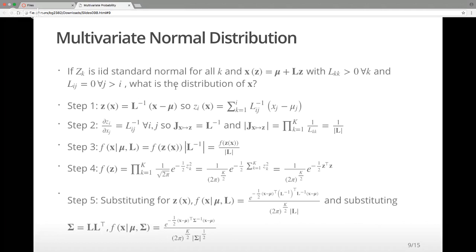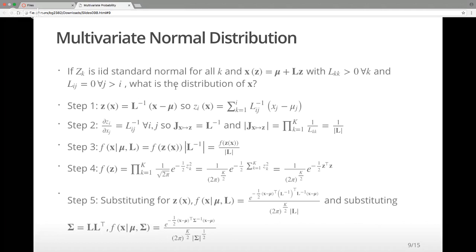Start with some independent random variables from some distribution whose PDF you know, apply a transformation that takes independent variables and makes them into dependent variables, and then figure out what the PDF of the transformation is using the simple 4 or 5 step process that we've been talking about, but generalized for the multivariate case.